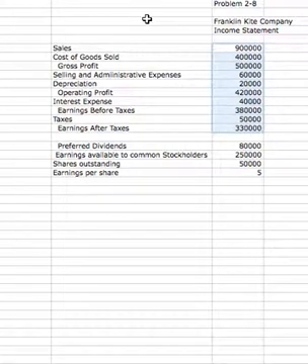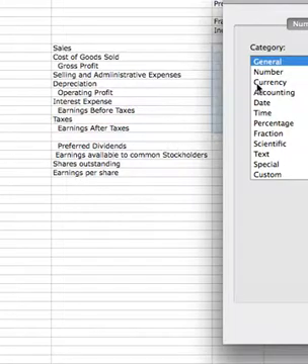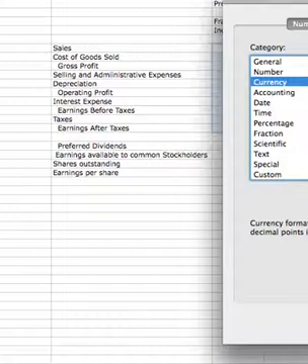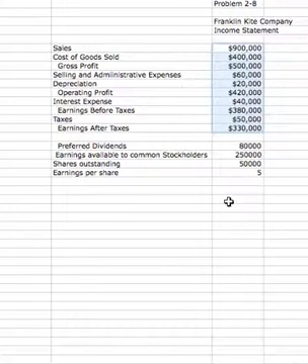Now let's go ahead and clean this up a little bit. I'm going to change the format of the cells to number. Let's change it to currency. No decimal places. That looks good. And I'll go ahead and change this as well.